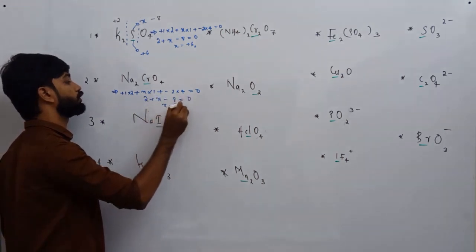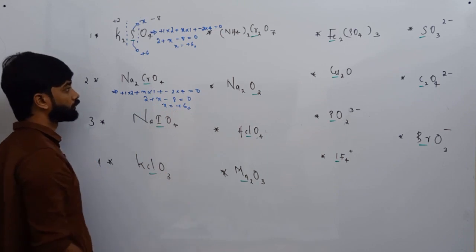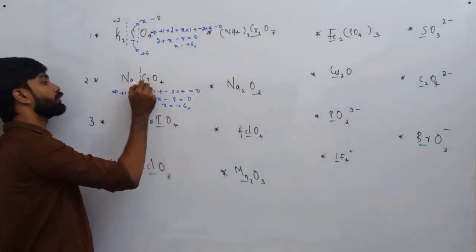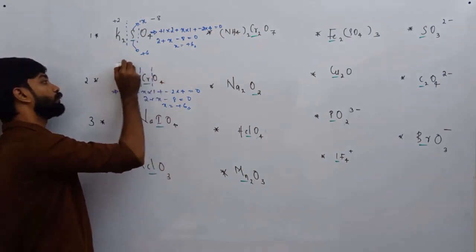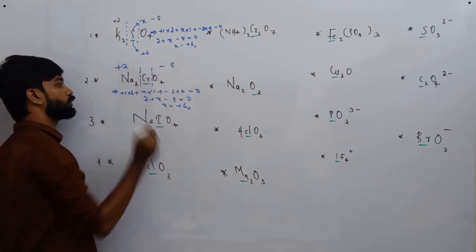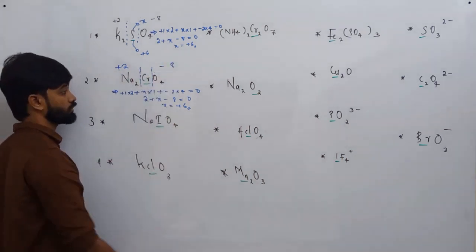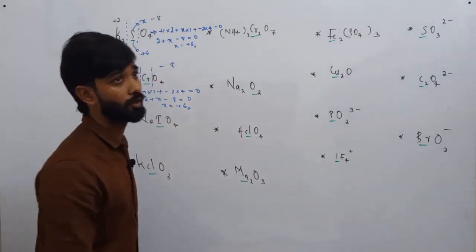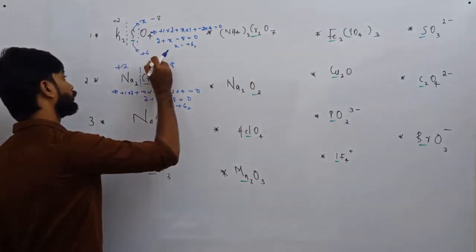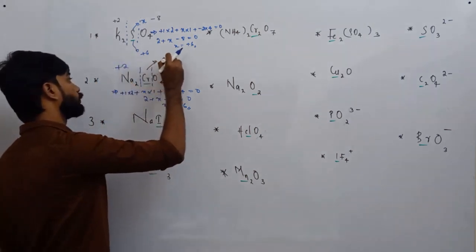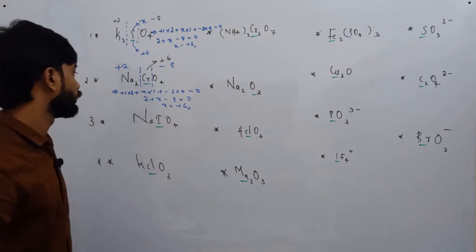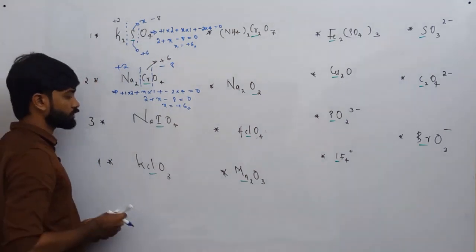So X is equal to +6. Or in a splitting logic, this offers +2 and this offers -8, right? So the excess charge is -6, and that should be balanced by your chromium. So chromium is existing in +6 oxidation state.